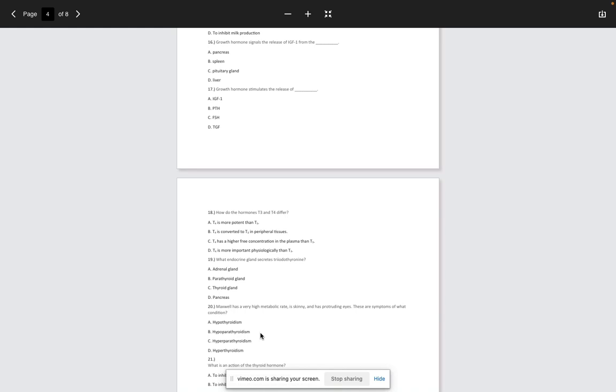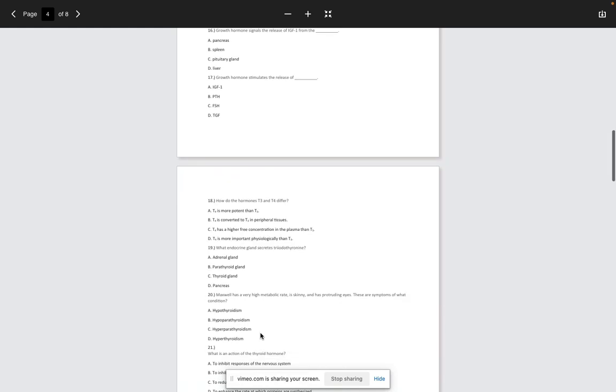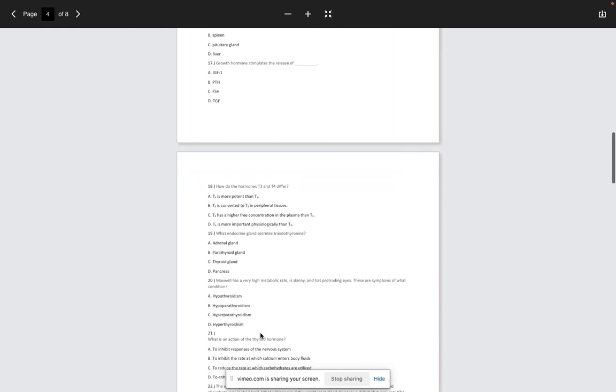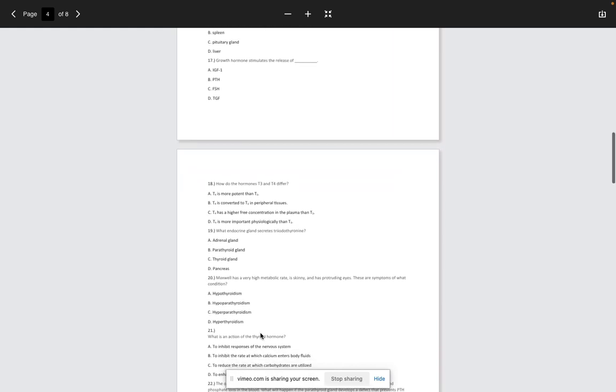Ricky Joe has a very high metabolic rate. He's skinny. It's noted that he has a disorder of thyroid metabolism. In his peripheral tissues or in his blood, they notice that there's an increase in T3 and T4. Which of the following would you expect? What are the levels of TSH if T3 and T4 are elevated?